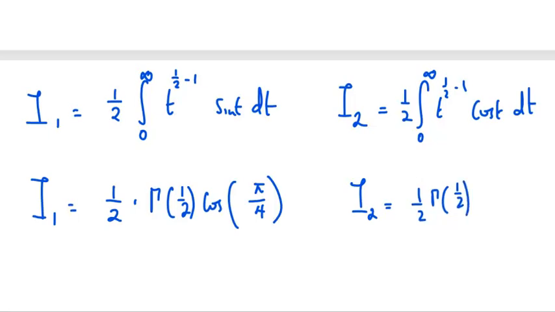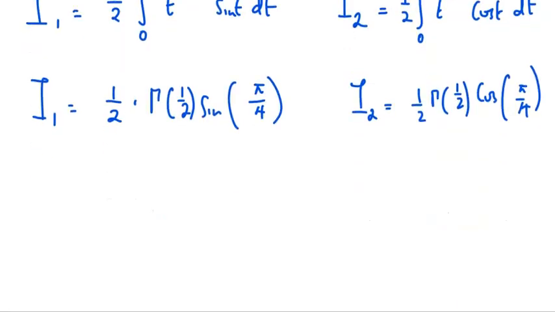Then, oh, sorry, for I sub 1 this is the sine function, and here for I sub 2 we're going to have cosine of pi by 4. Now, why the two integrals are equal is because the sine of pi over 4 has the same value as the cosine of pi by 4.